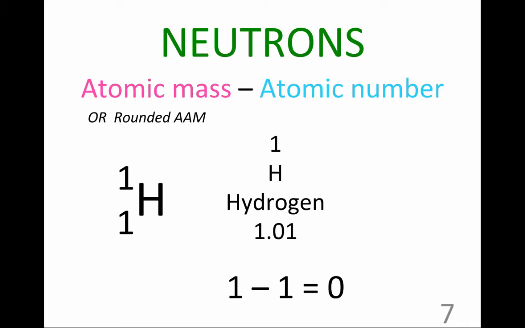Hydrogen has 0 neutrons. The first one comes from the top of isotope notation 1 or the bottom of periodic table notation, rounded, minus the bottom of isotope notation 1. A little confusing on neutrons, but it's subtraction. You guys can get it.